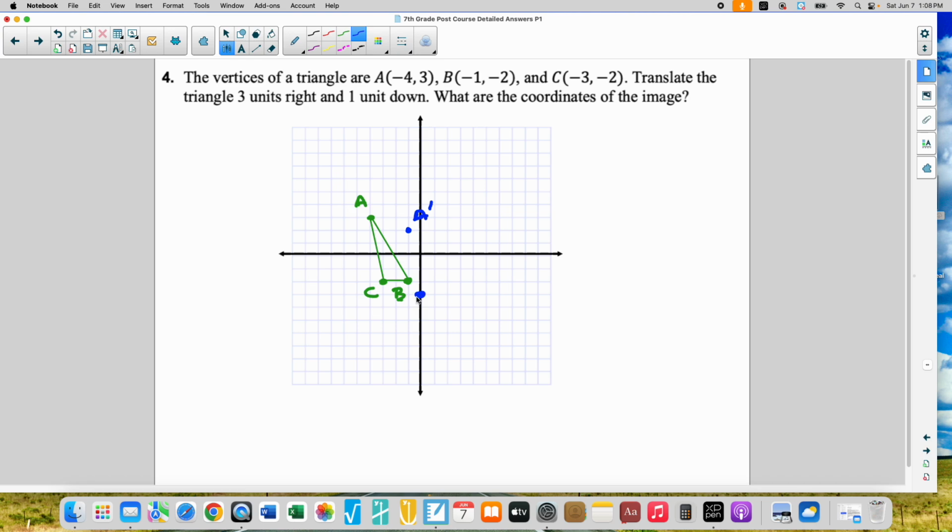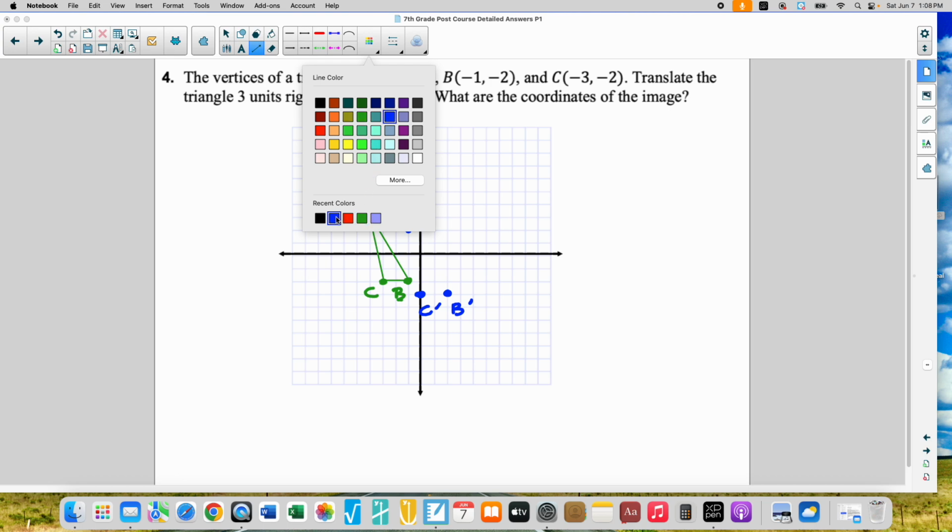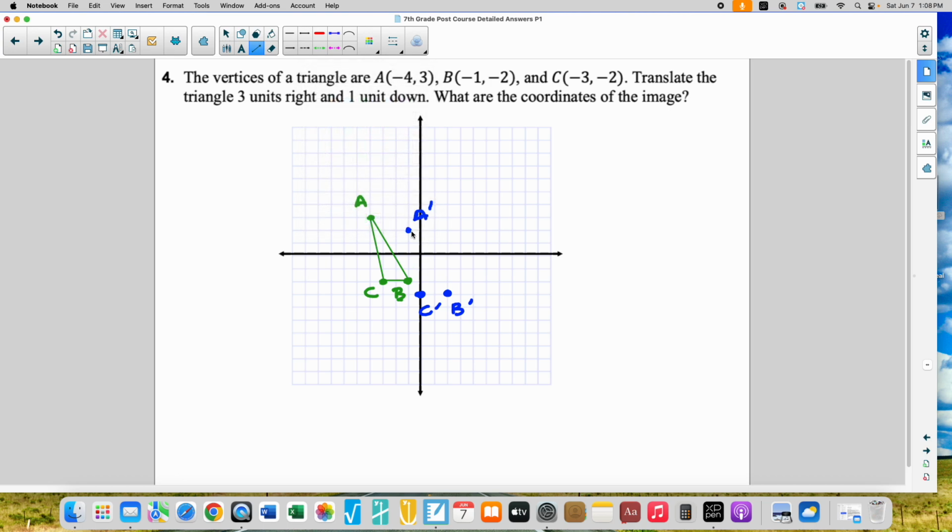And that gives us our C prime point, and we can take this point and go right 1, 2, 3, and down 1, and that's going to be B prime. And now we can connect those dots. Let's make that blue, and we can connect them, and it looks like this. That is our translation. What are the coordinates of the image?